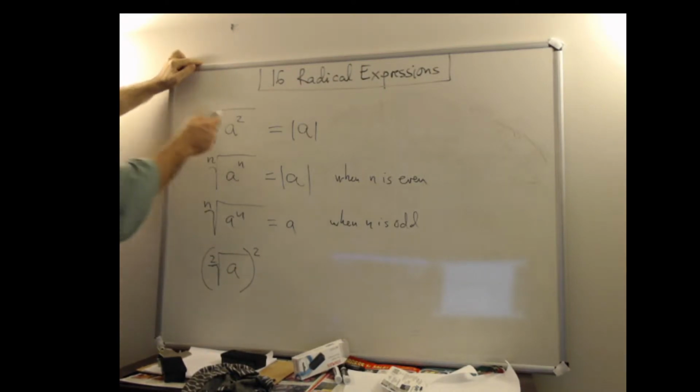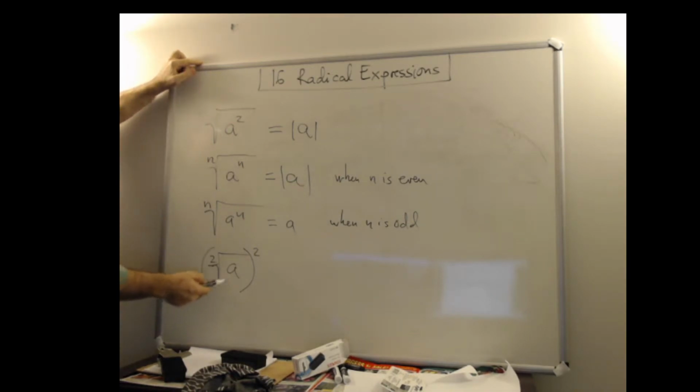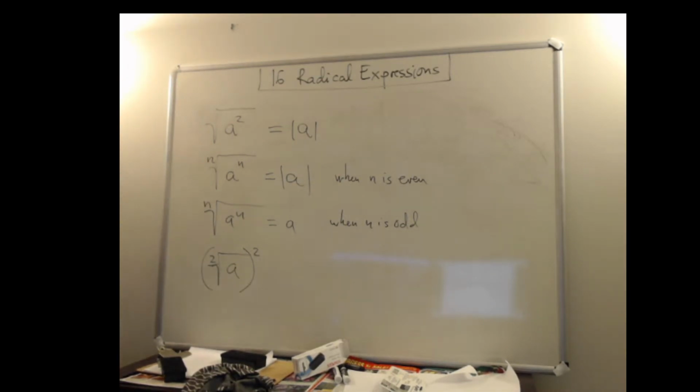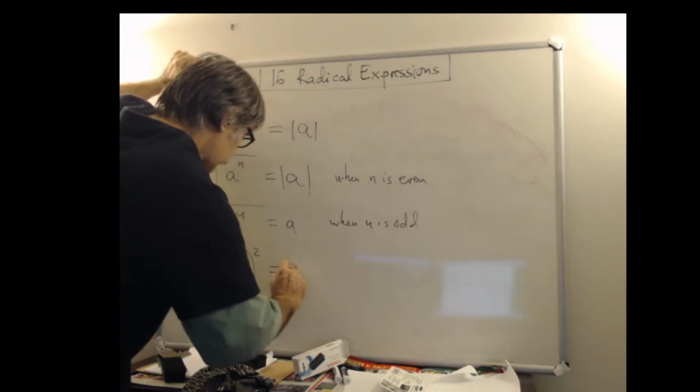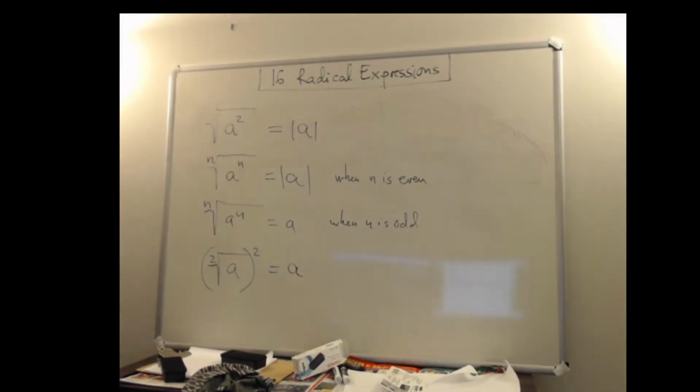Right? Power first, radical second. Radical first, power second. The result is again a. Now in here, I'm not going to write anything special about the a, because I assume here that a is positive. If it isn't, I wouldn't be able to have a radical here, so that would end up with nothing. Okay?